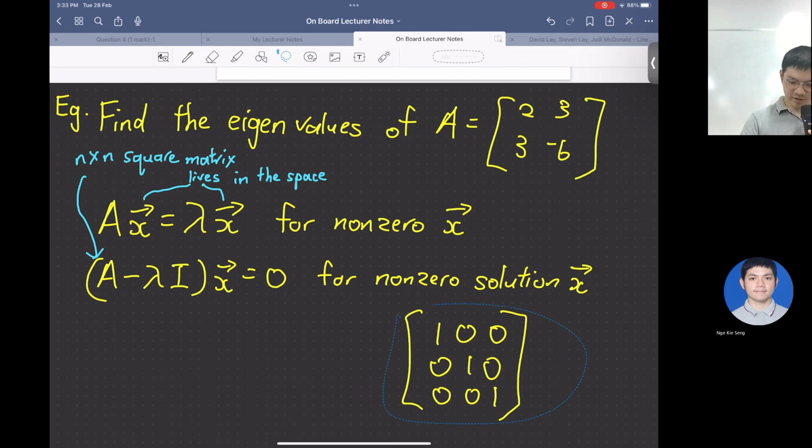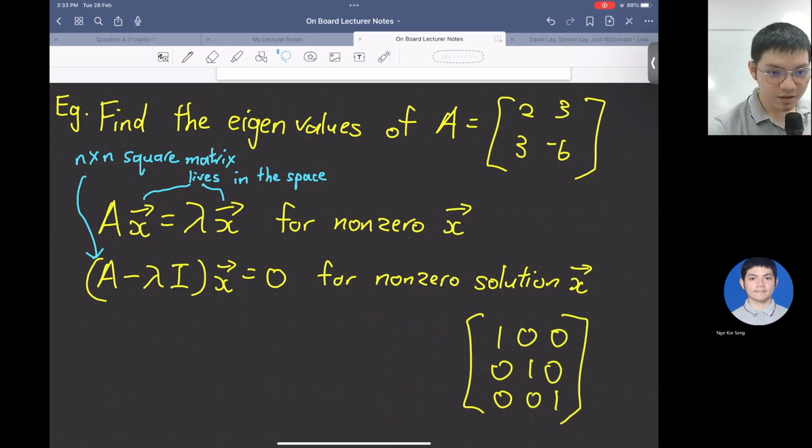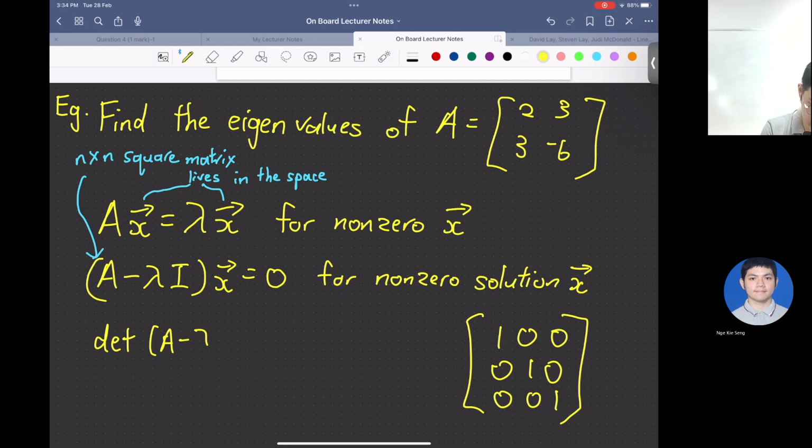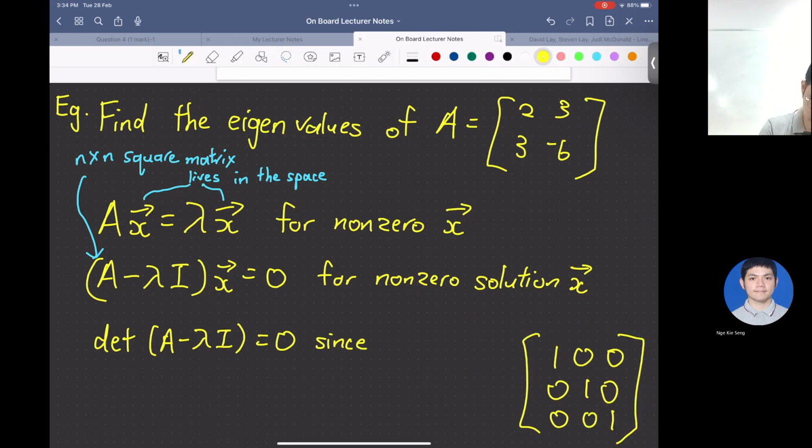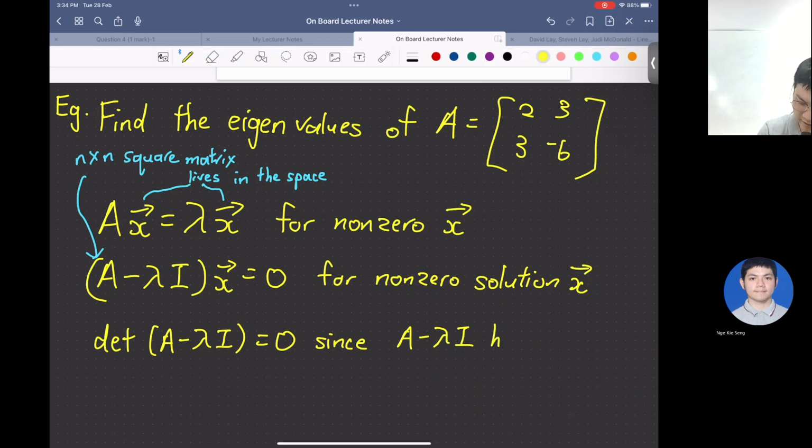Okay, so let me put here C. So one condition is the determinant of A minus lambda I is 0, since A minus lambda I has this one row thrown away, so it has at least one free variable.